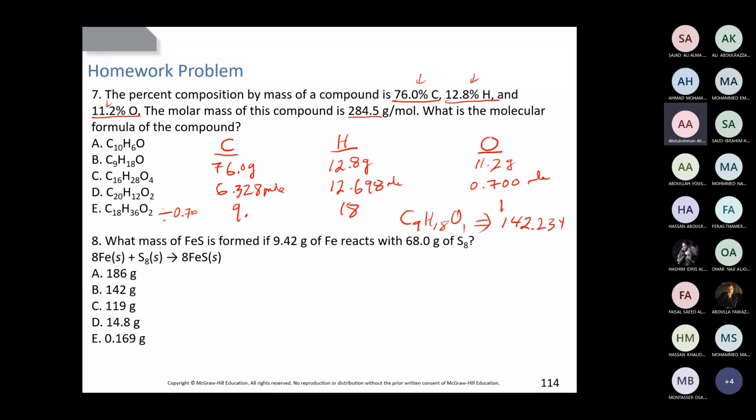Good. Excellent. The real mass is 284 of the molecular compound. So what's the molecular compound? You divide this number by 142.234, and what's the answer?